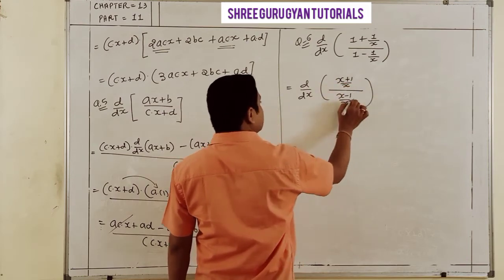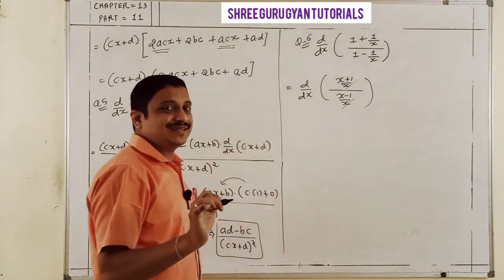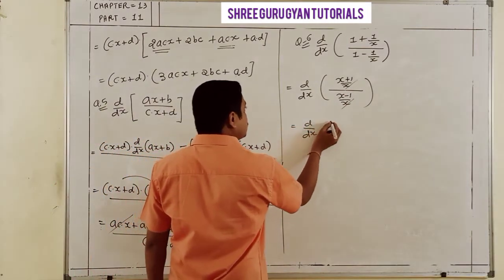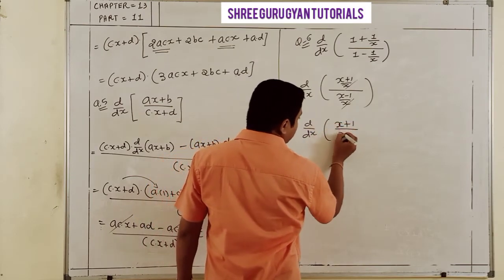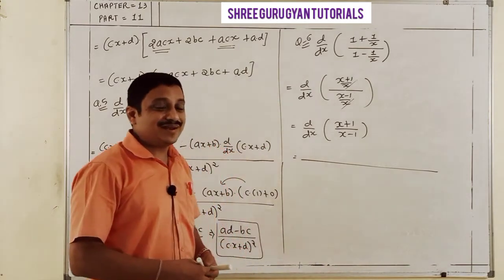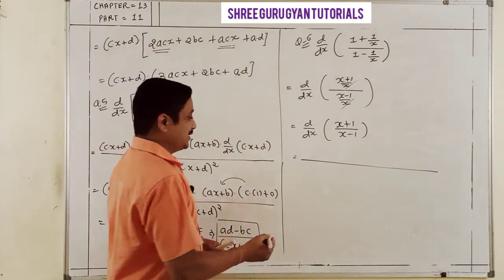So this x and this x easily cut out. Only what remains is x plus 1 below x minus 1, and here we start our simple division rule. So in the denominator, the square.